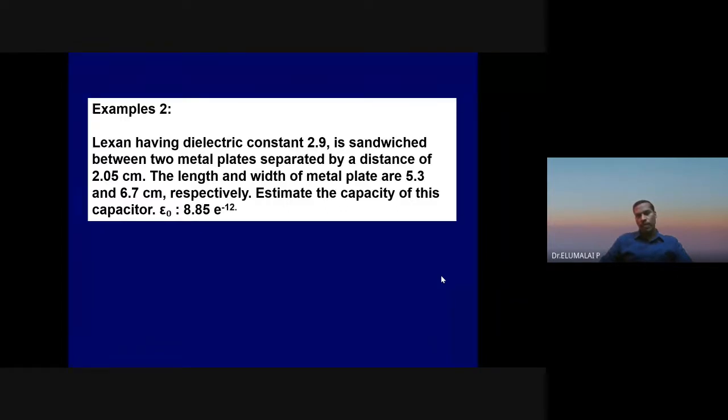So 8.85 into 10 power minus 12 into 2.9 into 5.3 into 6.7 centimeter square divided by 2.05. Some number you will get, maybe again in microfarads or picofarads.